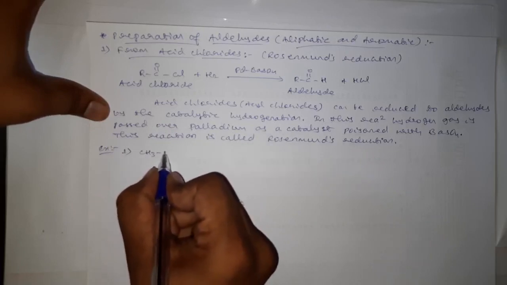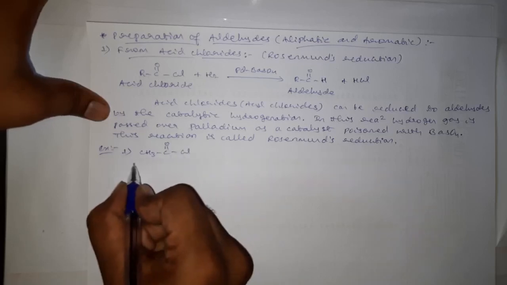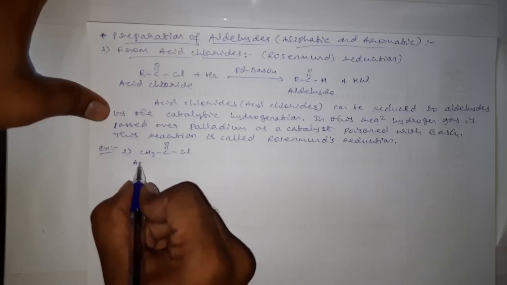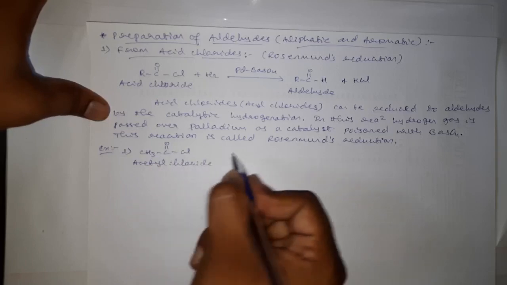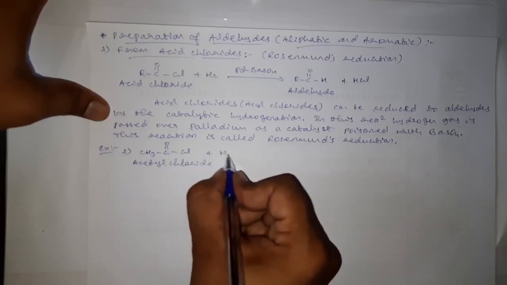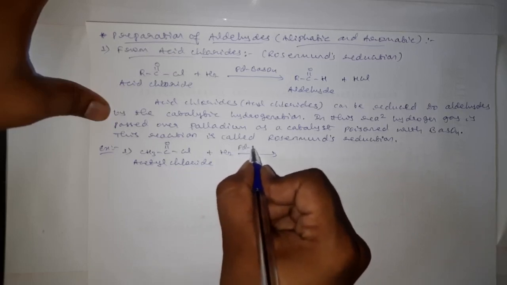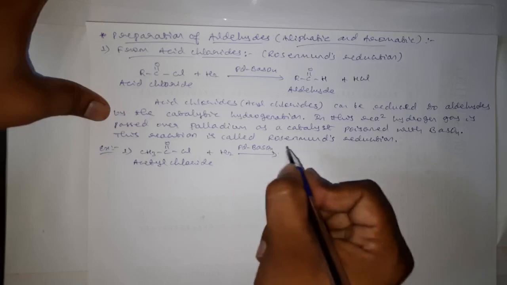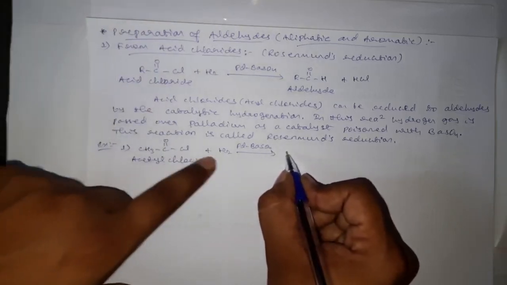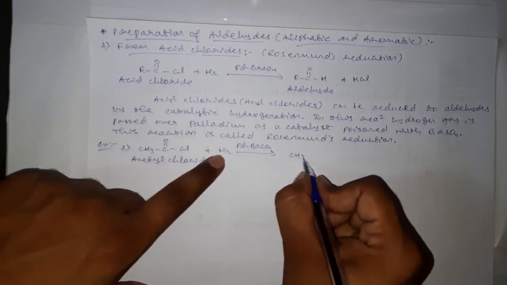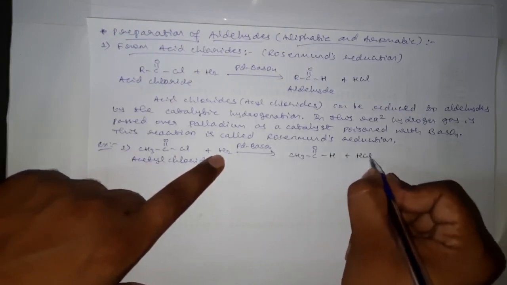CH3 C double bond O Cl. This is an acid chloride and its name is acetyl chloride. When acetyl chloride is hydrogenated in presence of Pd/BaSO4, palladium with barium sulfate, this Cl will be replaced by hydrogen and we will get CH3 C double bond O H plus HCl.